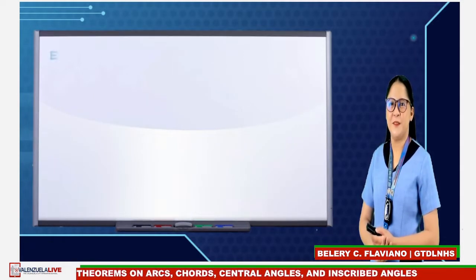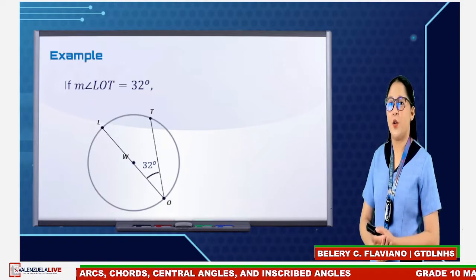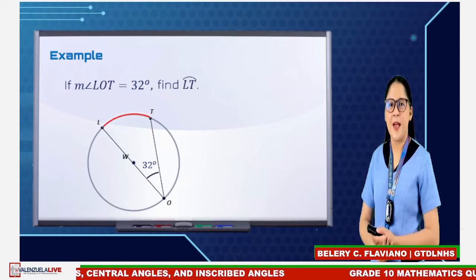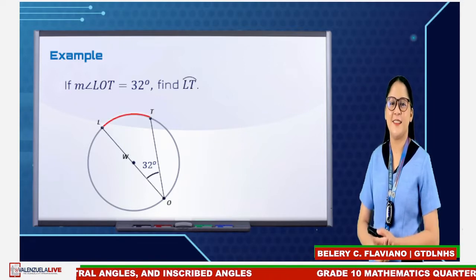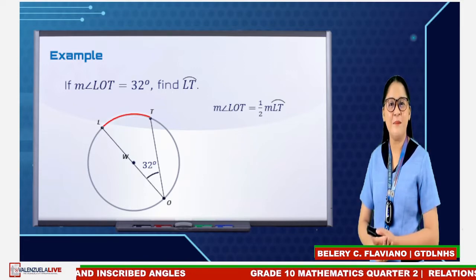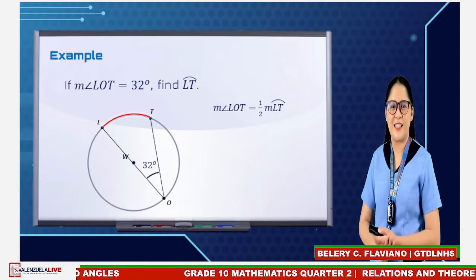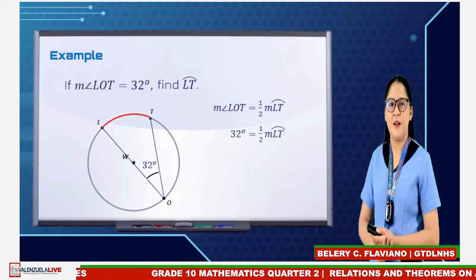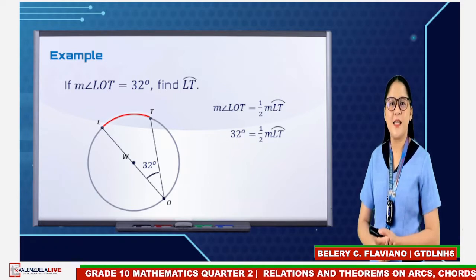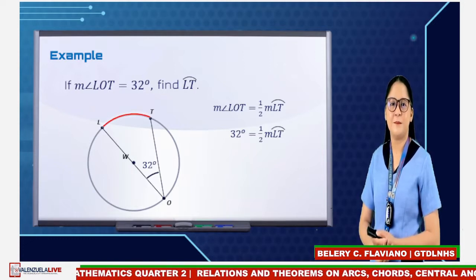Here's an example. If the measure of angle LOT is equal to 32 degrees, find the measure of arc LT. Based on the theorem, the measure of the inscribed angle is equal to half the measure of its intercepted arc. Substituting the value of angle LOT, we will have 32 degrees equals 1/2 the measure of arc LT.